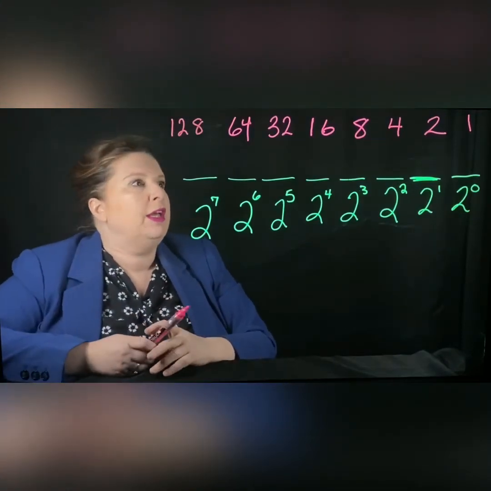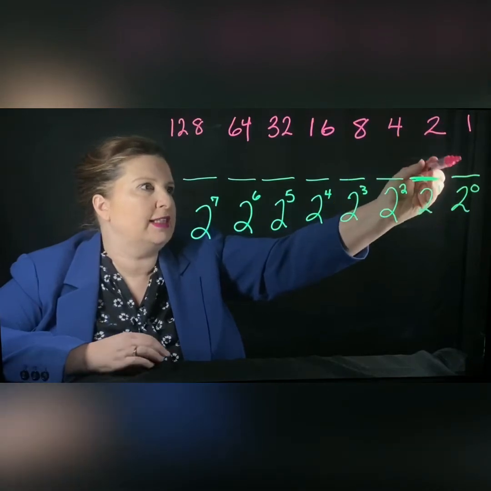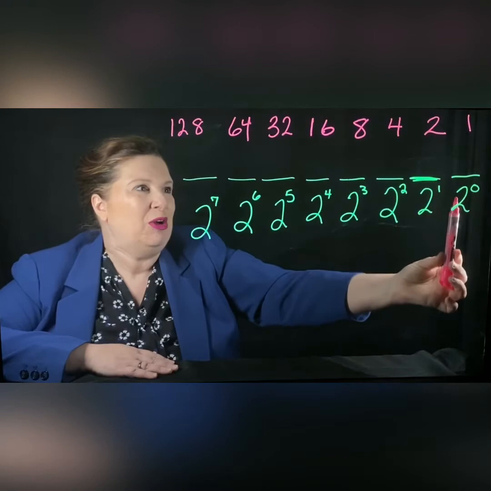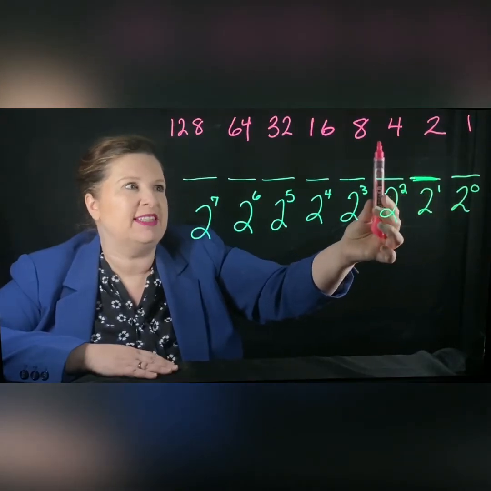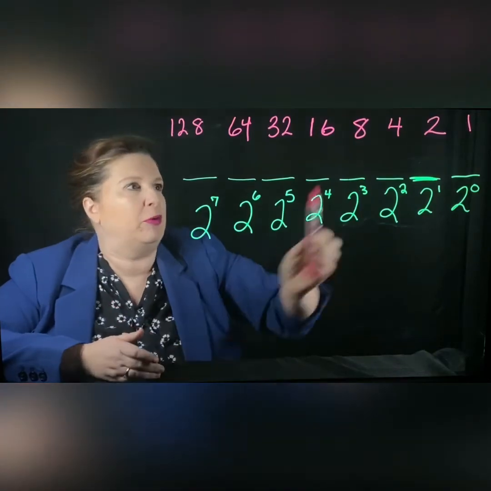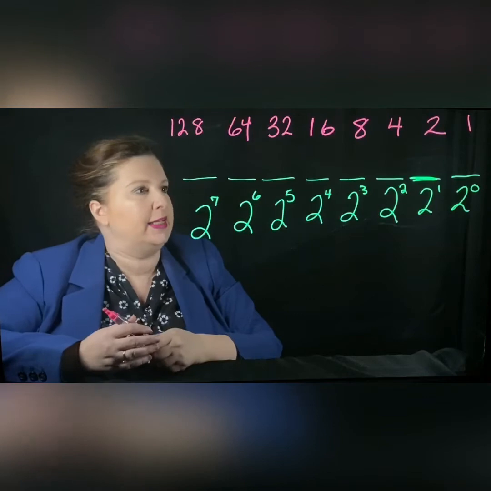Okay, so you can see that if I start on the right hand side with 1, which is the place value that you need to start with, then it just doubles progressively each place value that you go up. So 1, 2, 4, 8, 16, 32, 64, 128.